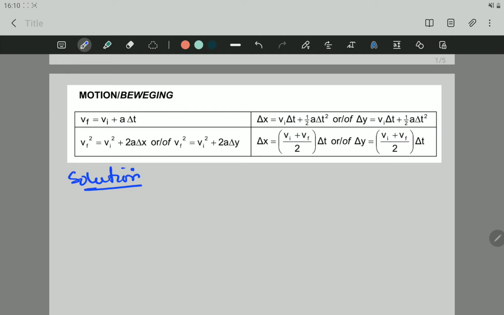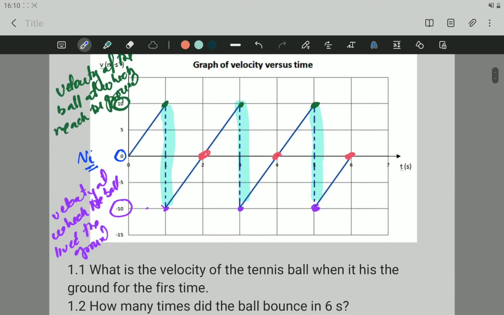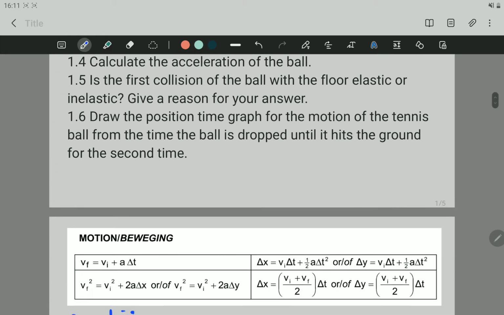And let's go to question 1.1. Question 1.1 says, what is the velocity of the tennis ball when it hits the ground for the first time? We already answered that one. In this situation, it is going to be this number here for all the bounces, but they're asking only for the first time. So when it hits the ground for the first time, the velocity is 10 meters per second downward.